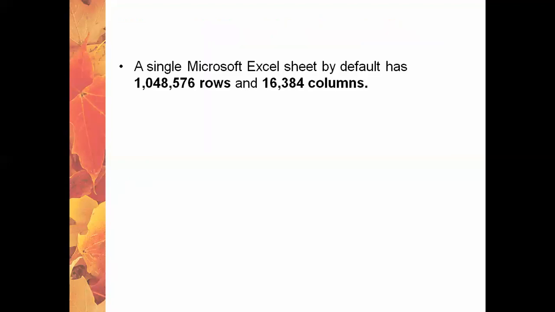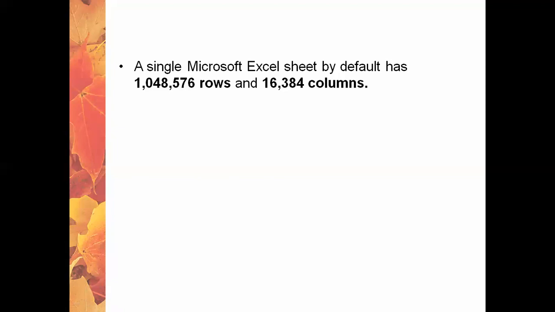Now, a single Microsoft Excel sheet by default has 1048576 rows. It means huge rows and 16384 columns. It means a huge amount of data can be stored in Microsoft Excel.